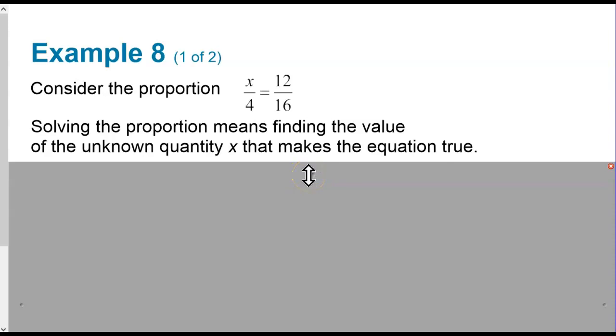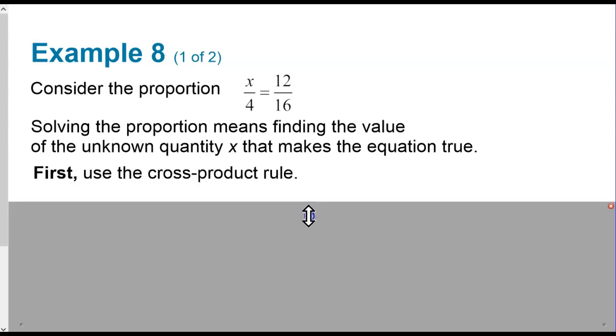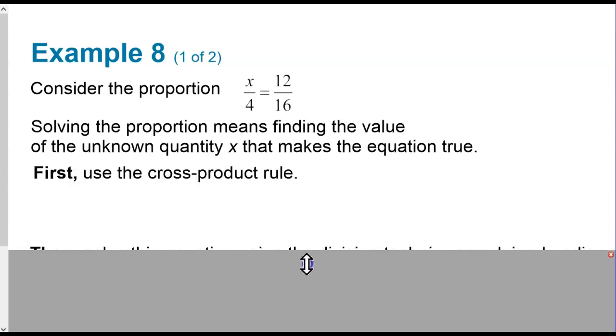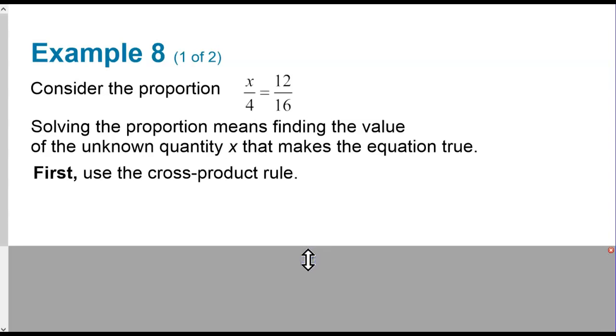To do this, we are going to use the cross products rule, and I gave myself some space here. We're going to say 4 times 12 is 48. Bring down the equal sign. x times 16 is 16x.